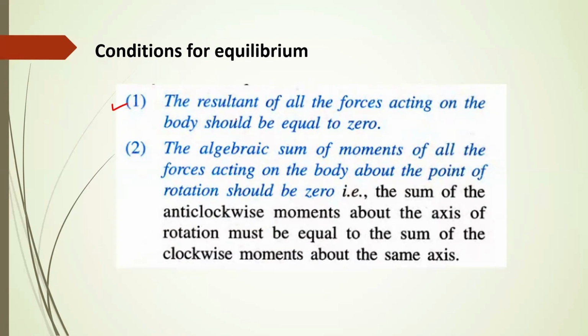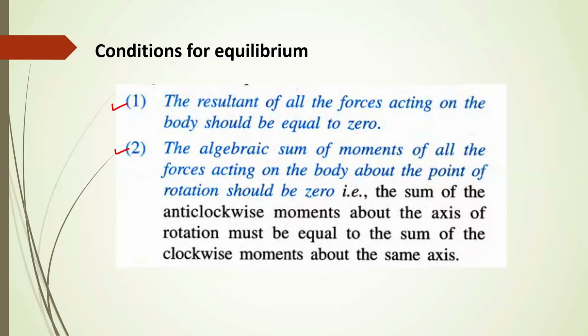Then the algebraic sum of moments of all the forces acting on the body about the point of rotation should be zero. So the first point talks about the resultant of forces which will be zero. So if the resultant is zero, then I talk about the moment of force, which is equal to force into the distance, rather the perpendicular distance.